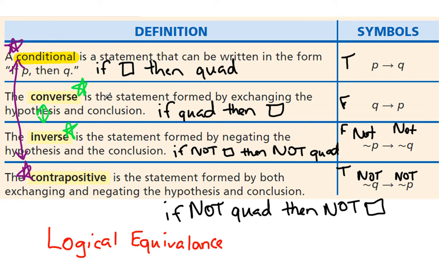So what we can say is some people might assume, well, if the converse is false, then the conditional has to be true. That's not always going to be the case. It could be that all four of these are true. It could be that all four of these are false. It all just depends on the situation. So you got to look at them one by one. Right? And we're going to look at examples of this later.